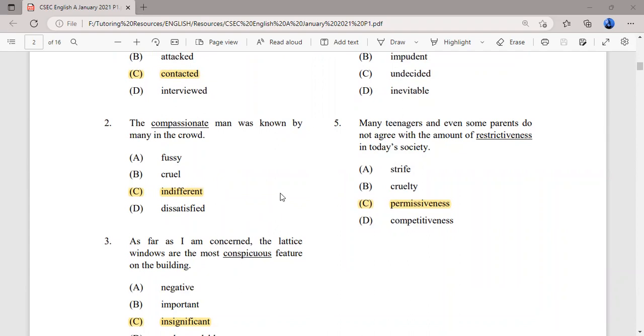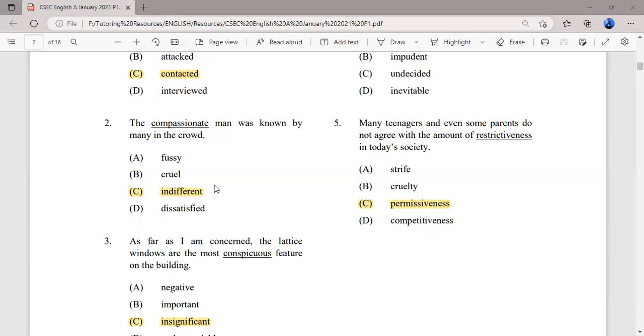Compassionate is underlined, and the options we have are fussy, cruel, indifferent, dissatisfied. We know fussy and dissatisfied will not be chosen. They don't make sense. They're not opposite in meaning to compassionate. So that leaves us with cruel and indifferent.